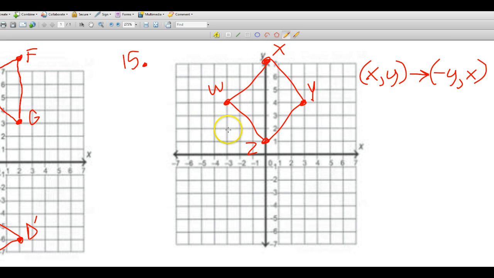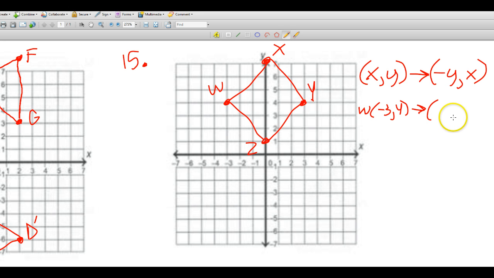So for W, if our coordinates start off at -3, 4, then that would map onto, so I keep my x coordinate the same, but then I make it my y coordinate.